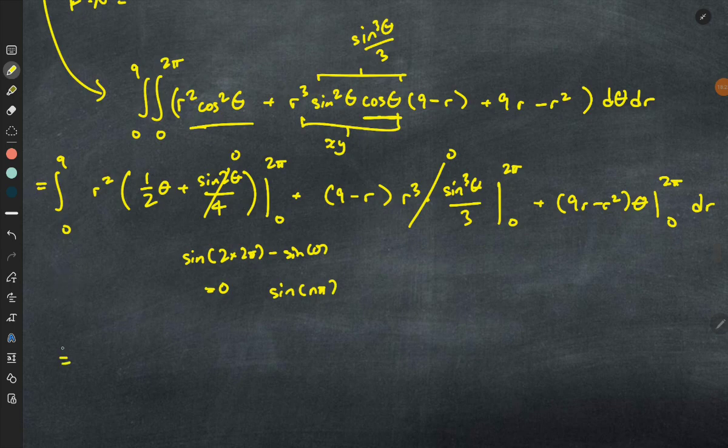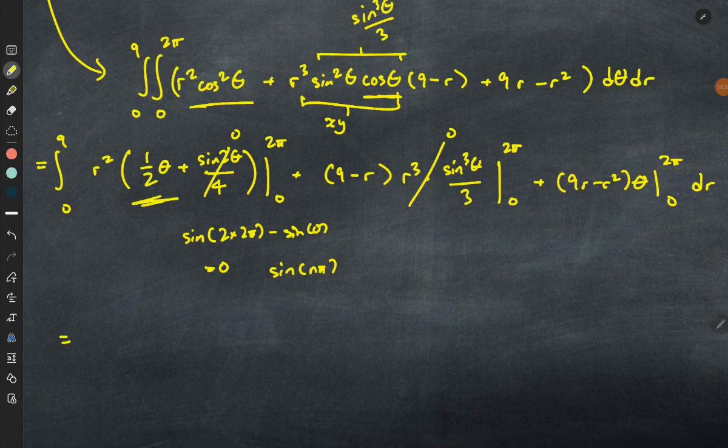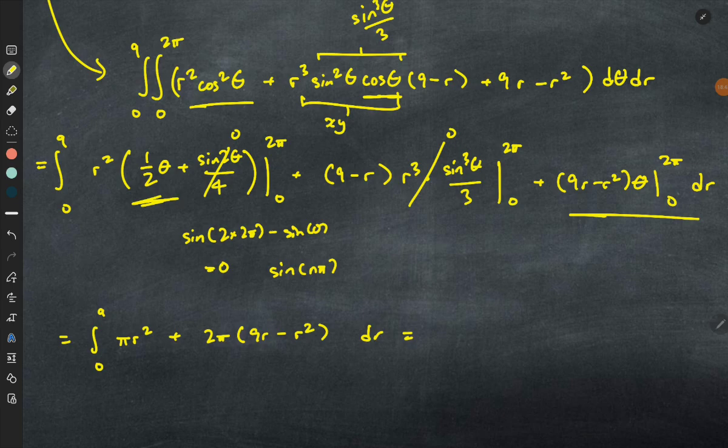Now we can evaluate the remainder of our thetas at 2 pi. This evaluated at 2 pi gives us pi r squared. This evaluated at 2 pi gives us 2 pi times 9r minus r squared. So I have to integrate with respect to r. Now if we integrate with respect to r, this term becomes pi r cubed divided by 3.